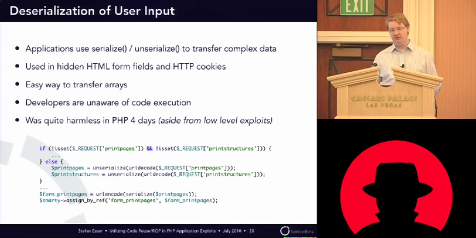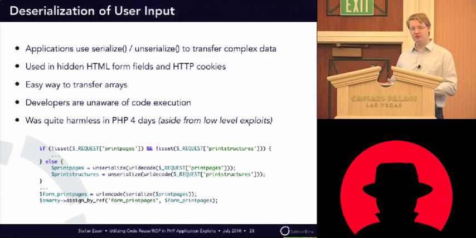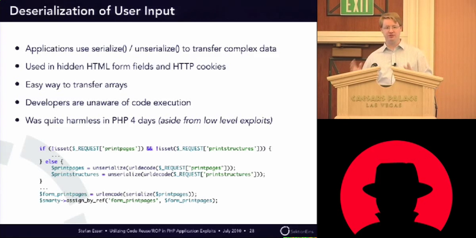And traditionally, they were all lazy and just used serialize and unserialize. So they put the array through serialize and just use the string, for example, for a hidden form field. And most of the time you see serialized content in hidden HTML form fields or in the cookie.